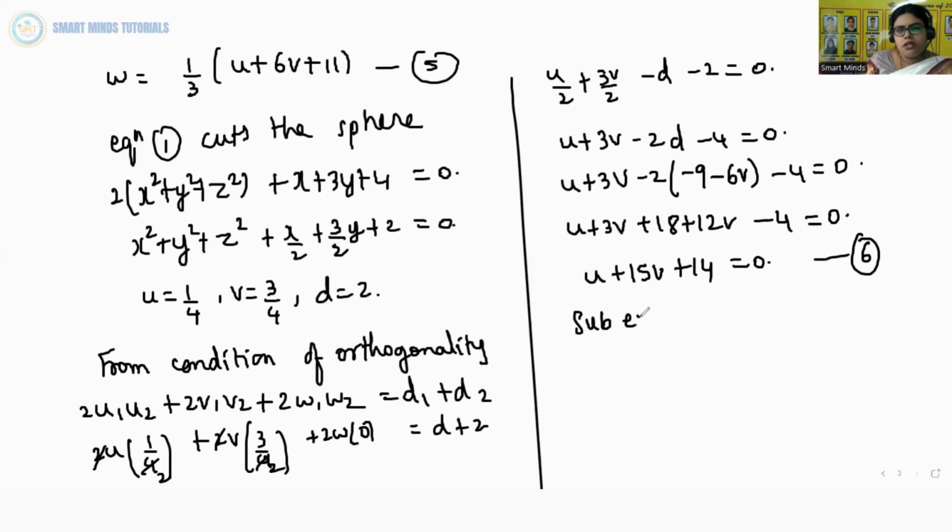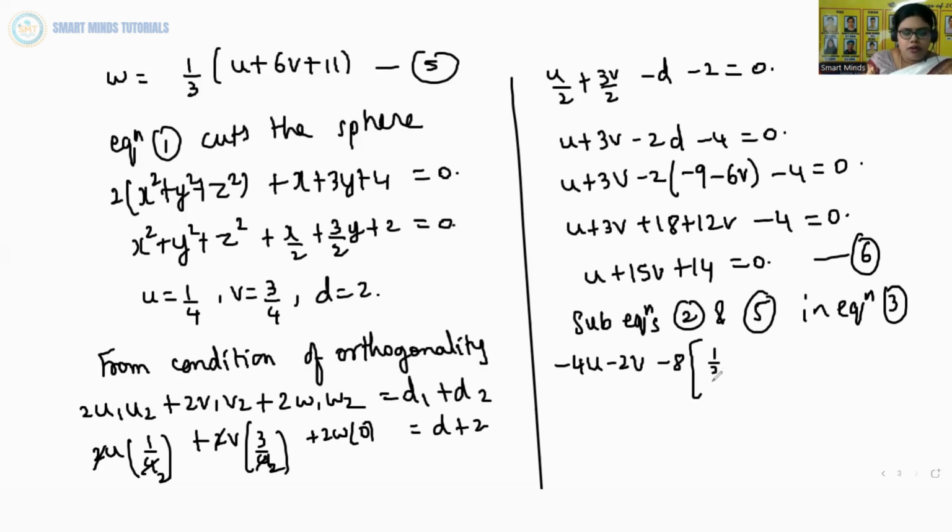Now substituting equations 2 and 5 in equation number 3, we get minus 4u minus 2v minus 8 into 1 by 3 into (u plus 6v plus 11) plus d, which is minus 9 minus 6v, plus 21 is equal to 0.